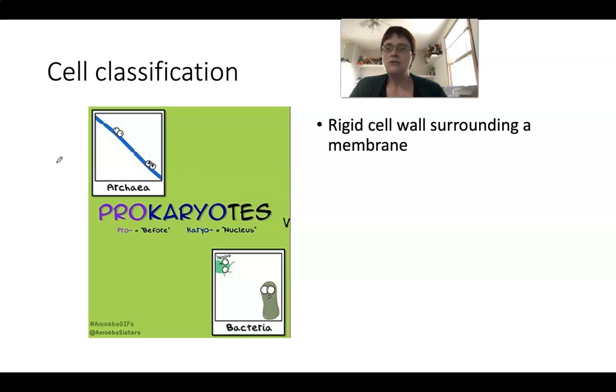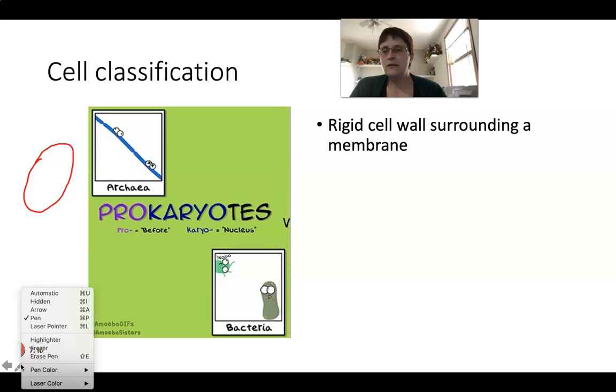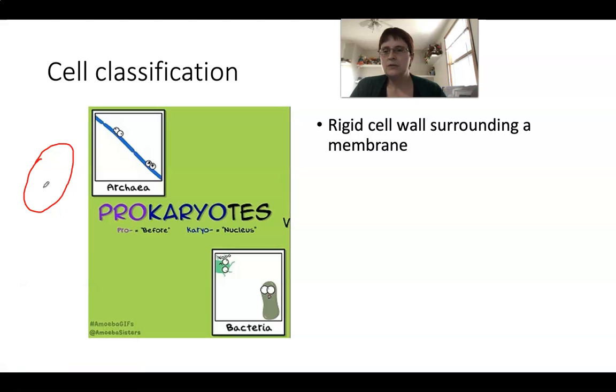So if we draw one of these guys out, you're going to have a rigid shape on the outside, and then just on the inside of that, let's change color, we'll switch to gray, is going to be a cell membrane.